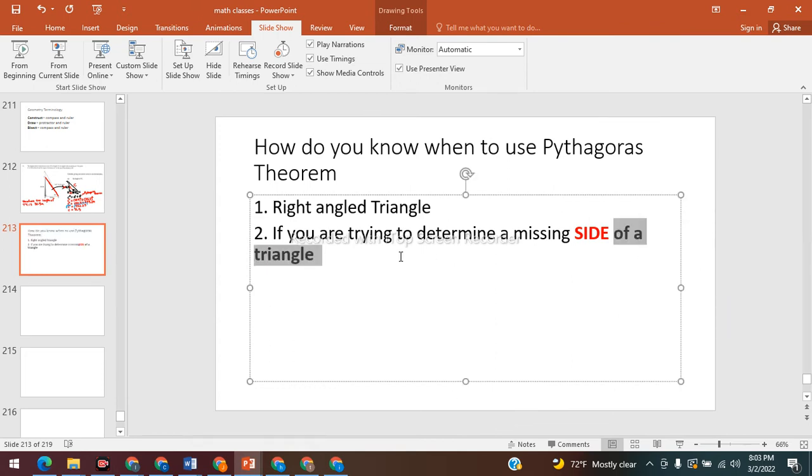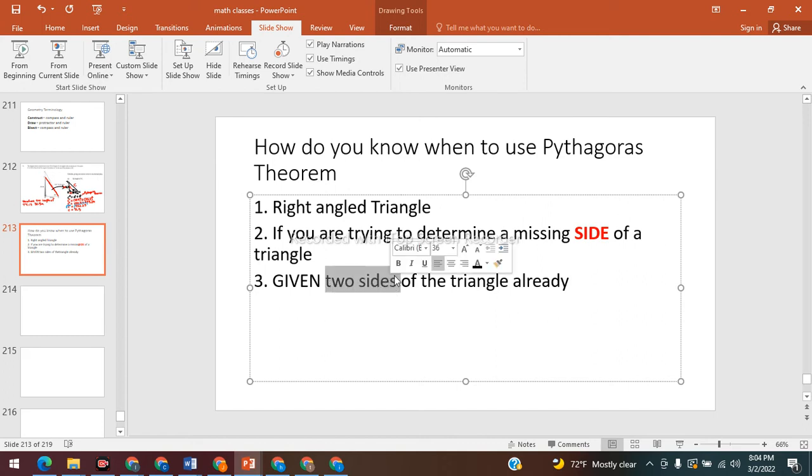And the major takeaway is that if you are given two sides of the triangle already, and you're trying to find the missing side, then Pythagoras theorem follows naturally.